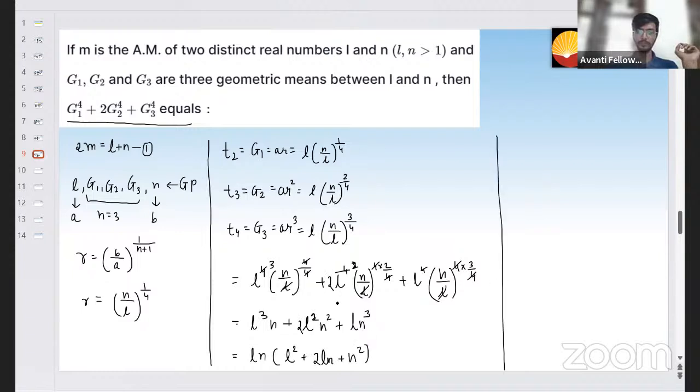Now, we forgot this 2 here. So this is basically Ln into L plus n the whole square. We have still not used 1. Let's use 1 and L plus n is 2m. So Ln into 2m square. That means 4m square n L is my answer.